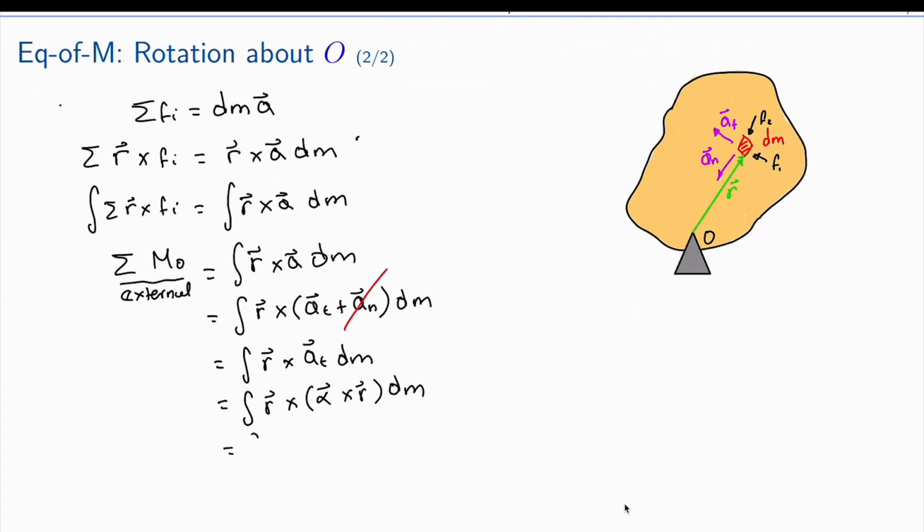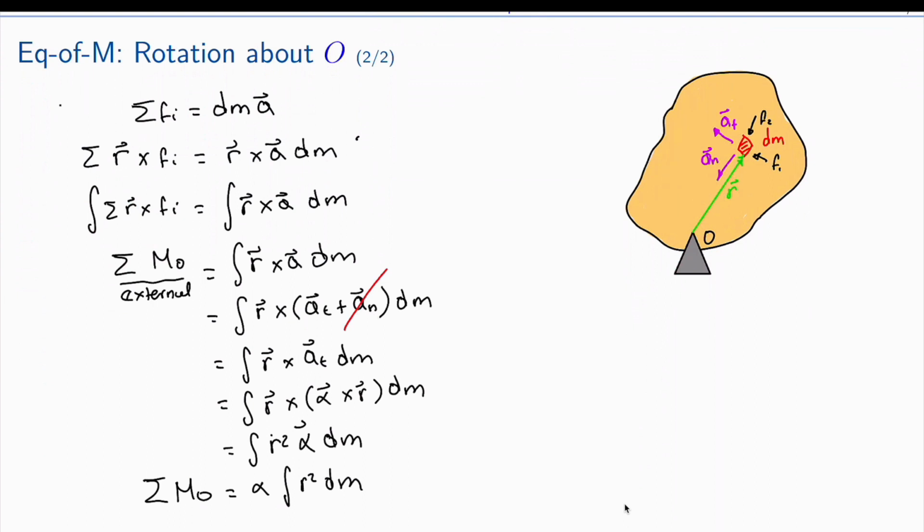So this is equal, in magnitude, to r squared multiplied by the alpha vector, dm. And alpha is the angular acceleration that is constant for the whole body. So the sum of the external moments is equal to alpha multiplied by the integral of r squared dm.